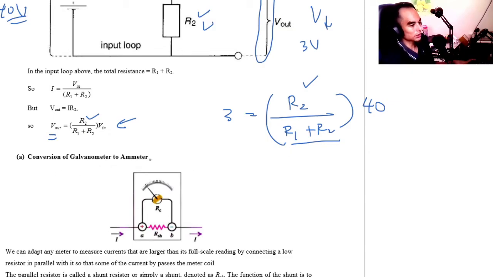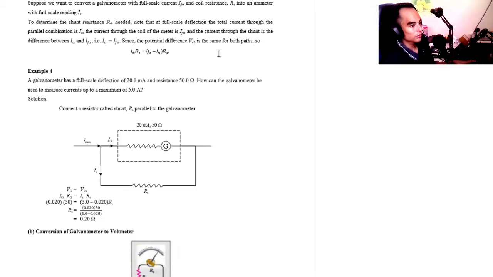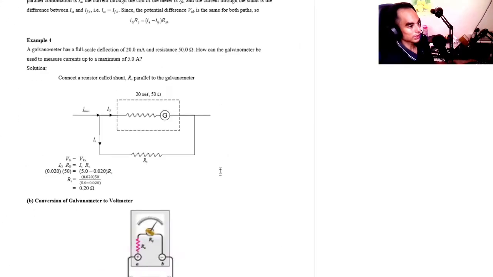Conversion of galvanometer to ammeter. You can use a galvanometer to convert into an ammeter.